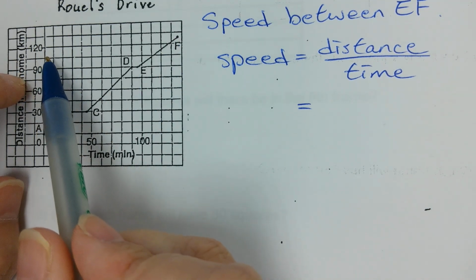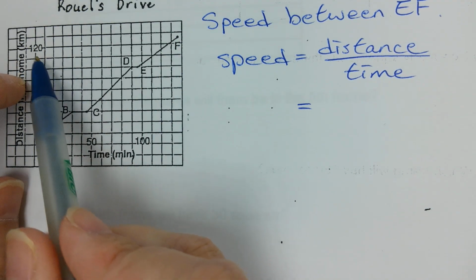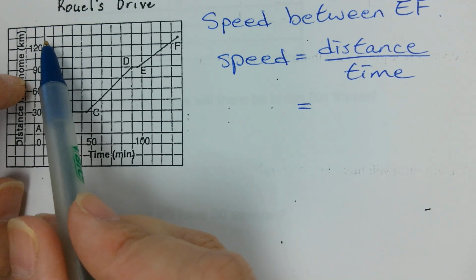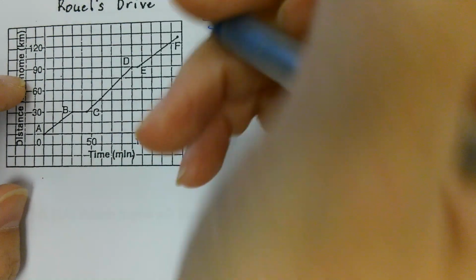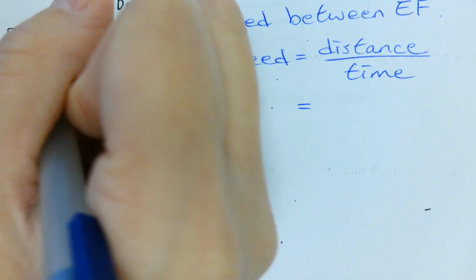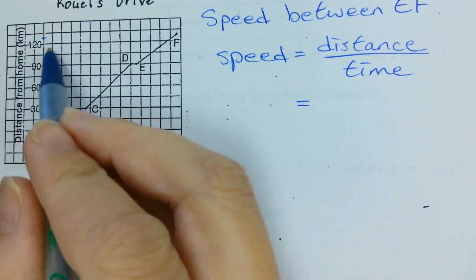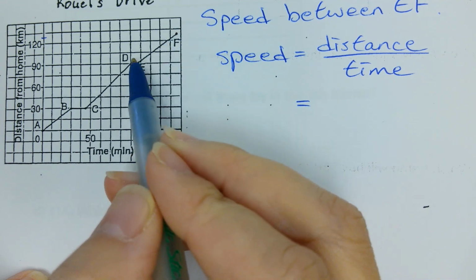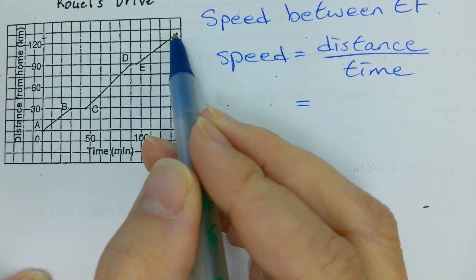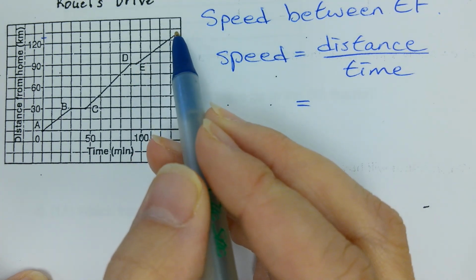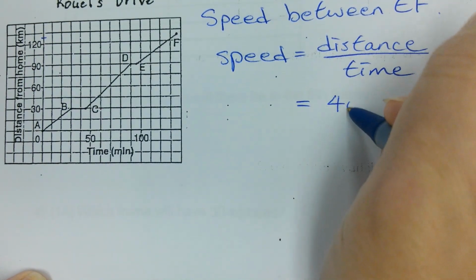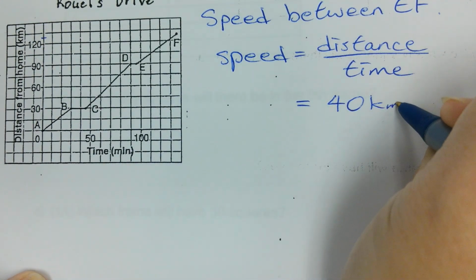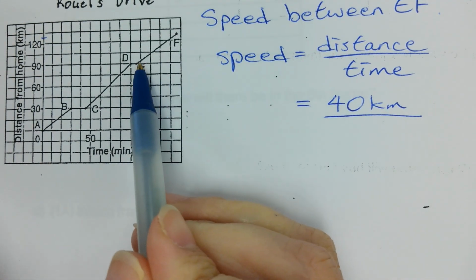Every box is 15. So this is about like 130. That's 130. So from 90 to 130, what's that? 40. So 40 kilometers.